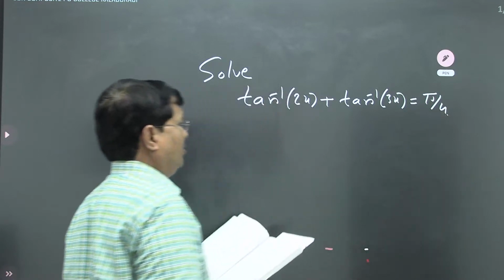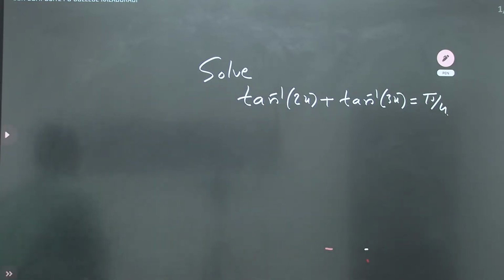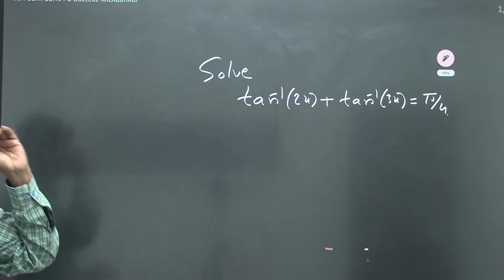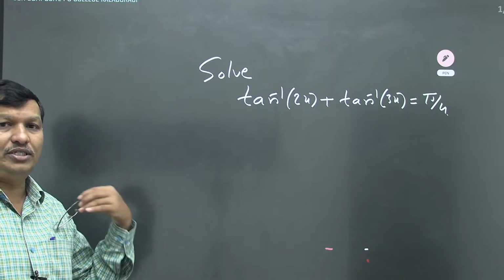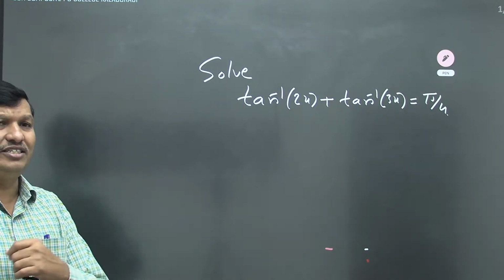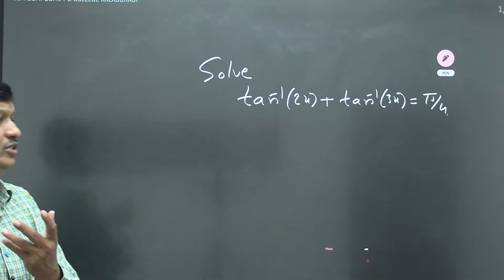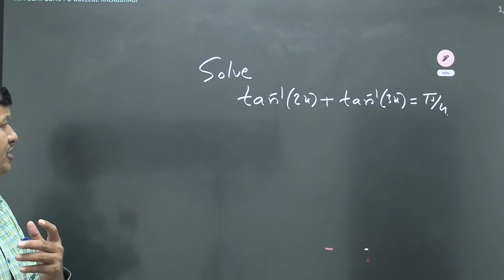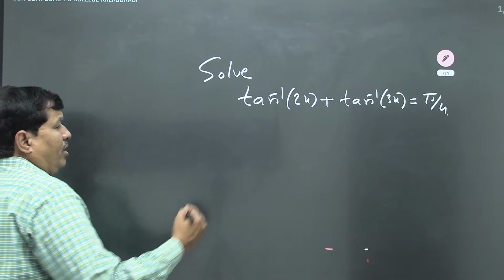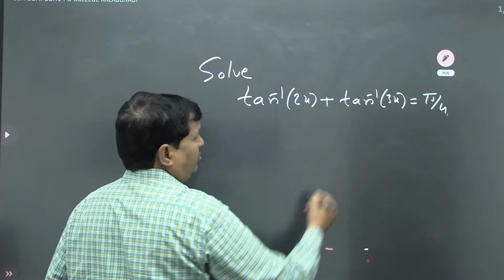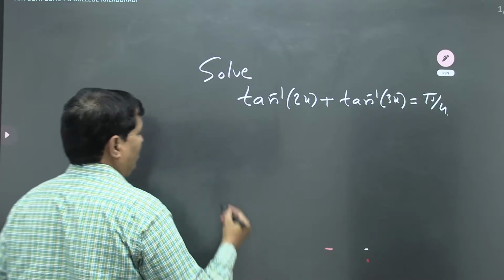Why did I take this example also? Because this does not depend upon converting one inverse trigonometric function into another one, and this question sometimes they ask in the CET. So what options they will give and how to choose the answer are also important. That is why I took this example. See, tan inverse of 2x plus tan inverse of 3x equals pi by 4.